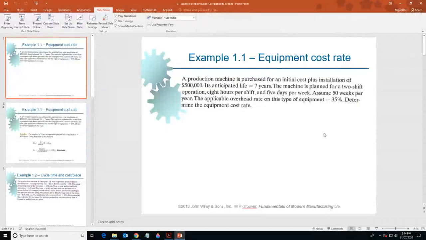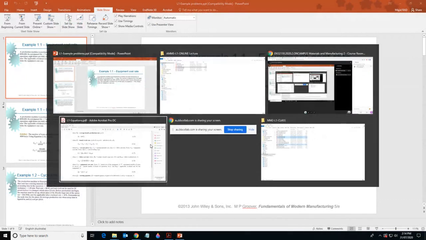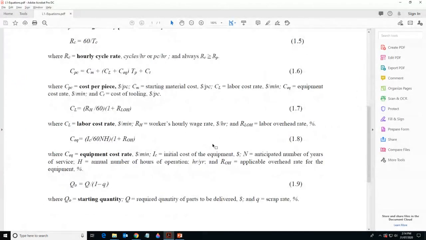In order to do this problem, we need to take a look at the equation sheet and take the right equation from it. We are going to compute the equipment cost rate, which is represented in equation 1.8. We take this equation and substitute the values given in the statement of the problem, and then get the value of CEQ computed.